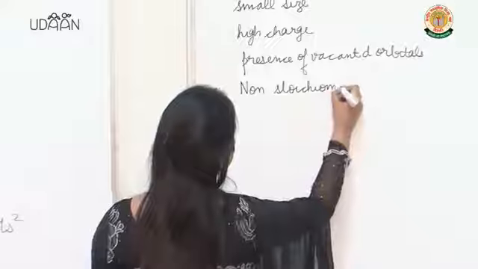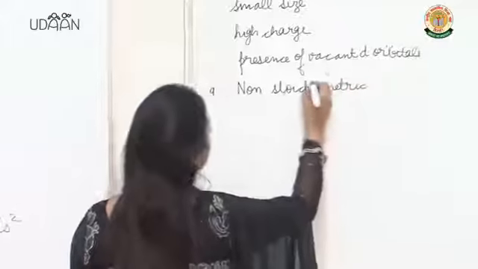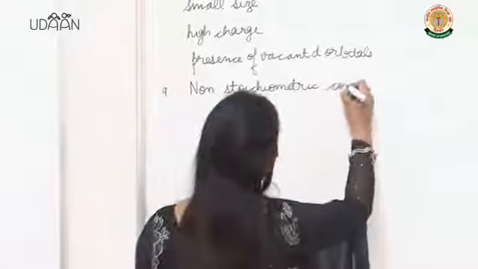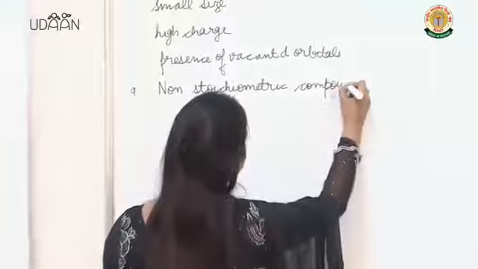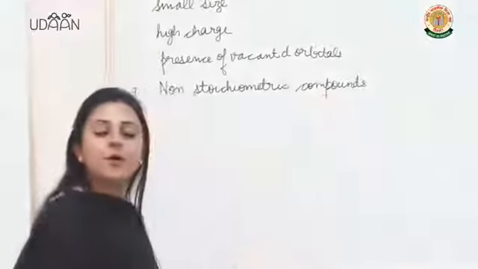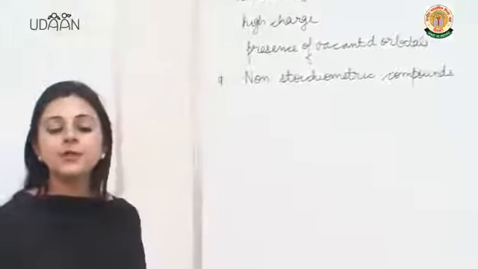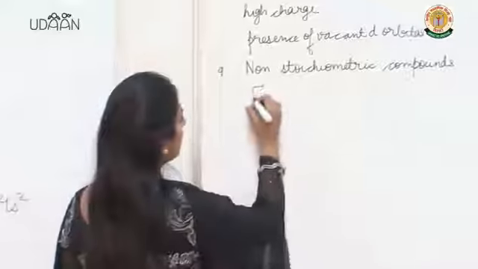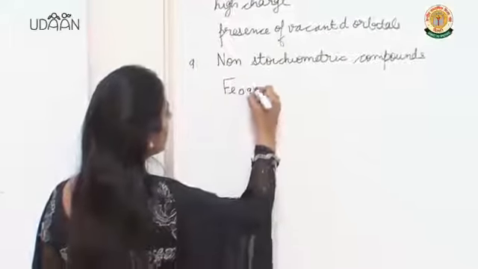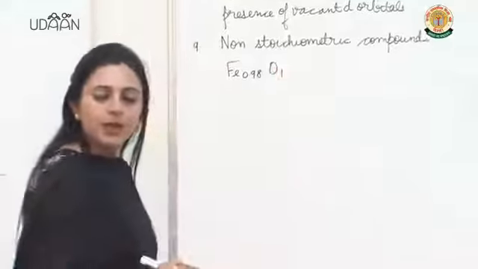non-stoichiometric compounds. Now, why they are forming non-stoichiometric compounds? They are forming these compounds in which the ratio is not fixed, like they can form Fe0.98O1. What is the reason?